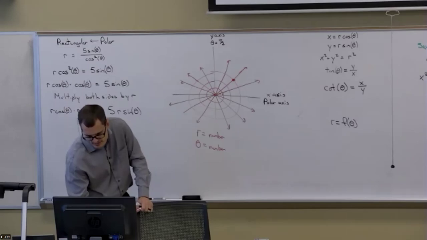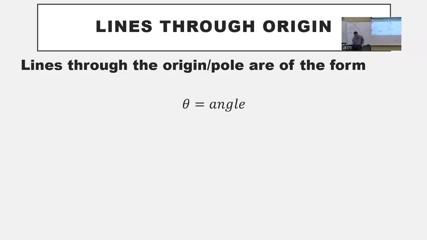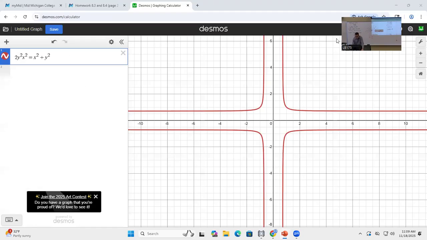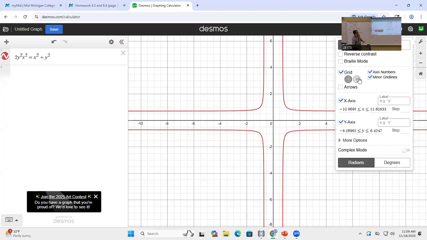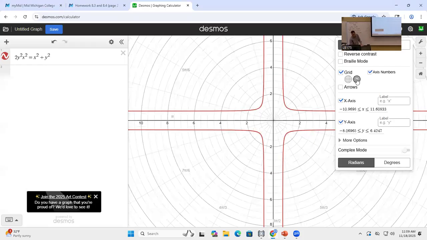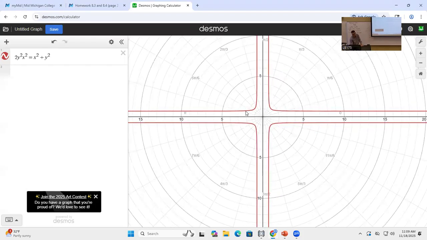In fact, on Desmos, you can actually switch the grid from rectangular to polar, and notice what this does.